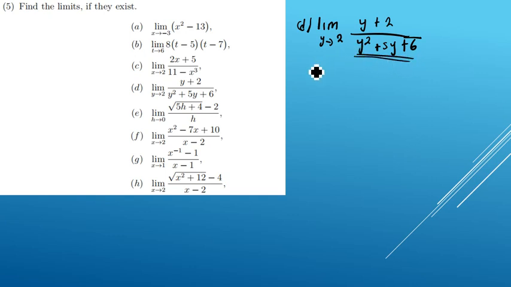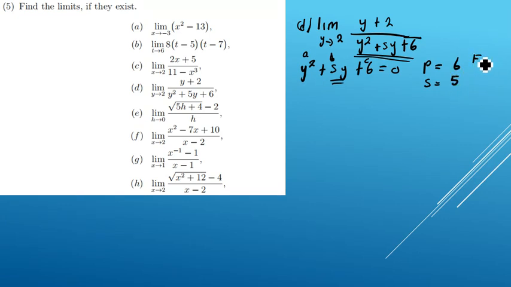So we have y to the power 2 plus 5y plus 6, then we equate this to 0. Then we find the product and the sum. The product is the coefficient of a multiplied by c, so we're getting 6. The sum is b, being positive, so we have 5.